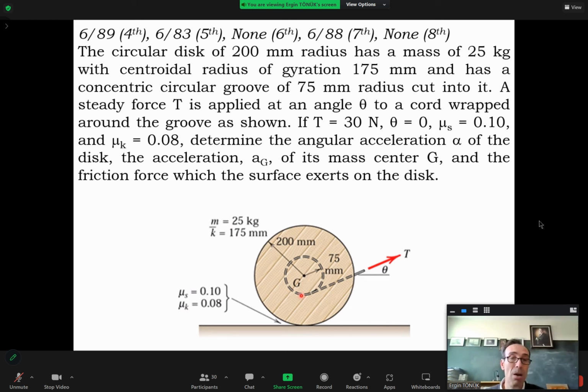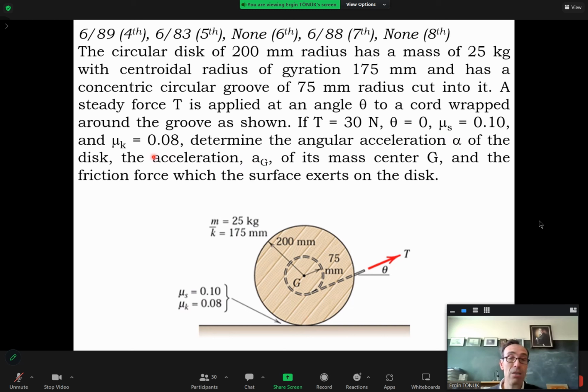And in this problem, what is given is we pull it with a tension of 30 newtons, and this angle theta is 0. So we just pull it horizontally. The coefficient of friction between ground and this disk is quite low. The static coefficient is 0.1 and the kinetic is 0.08.